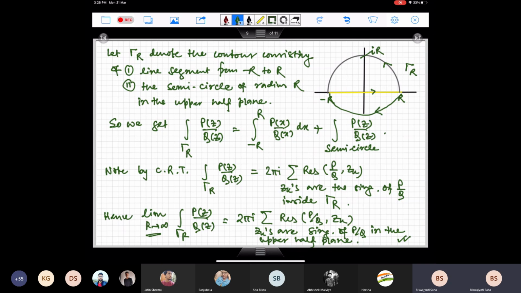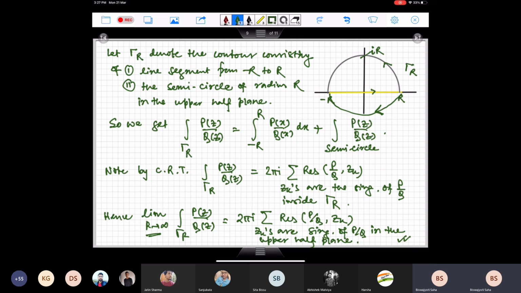I have taken one integral of my choice. Of course, you need to be careful: when you take a semicircle on the lower half plane, your path becomes clockwise. So your integral should come with a negative sign, because your winding number will be -1 in that case. The main reason for taking the semicircle on the upper half plane is so that the orientation of the curve remains in the positive direction.